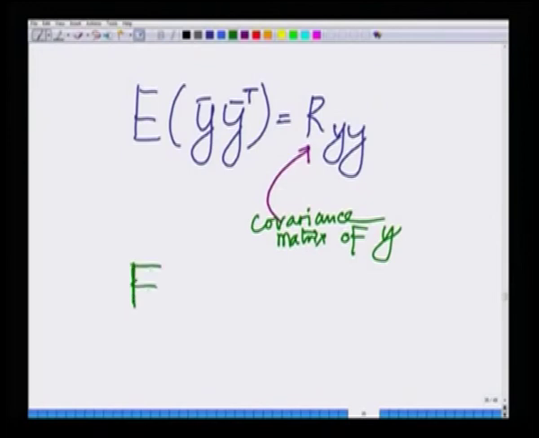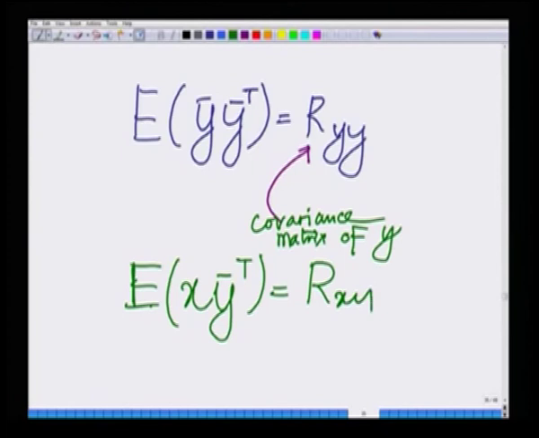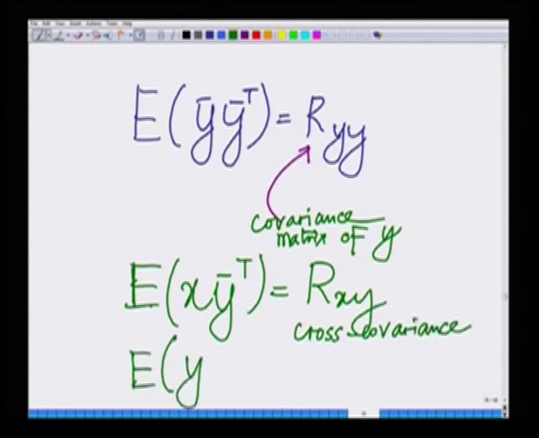I will also look at the cross covariance. I will say expected x y transpose equals R x y. This is the cross covariance. In fact, expected y x transpose is nothing but R x y transpose, equals R y x.